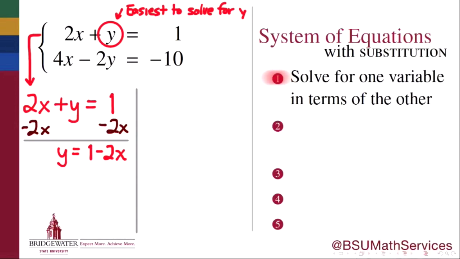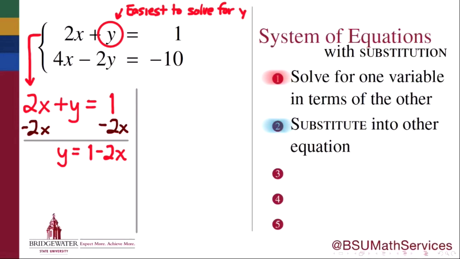Now that we know that y is equal to 1 minus 2x, we can replace y, anywhere we see it, with the expression 1 minus 2x, without changing the solution of our system of equations. So, we'll take that expression 1 minus 2x and substitute it into the second equation in place of the y.